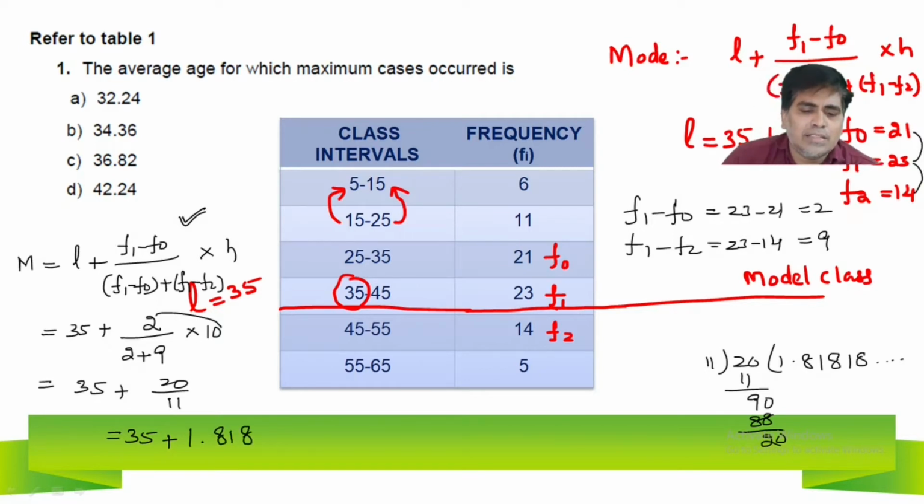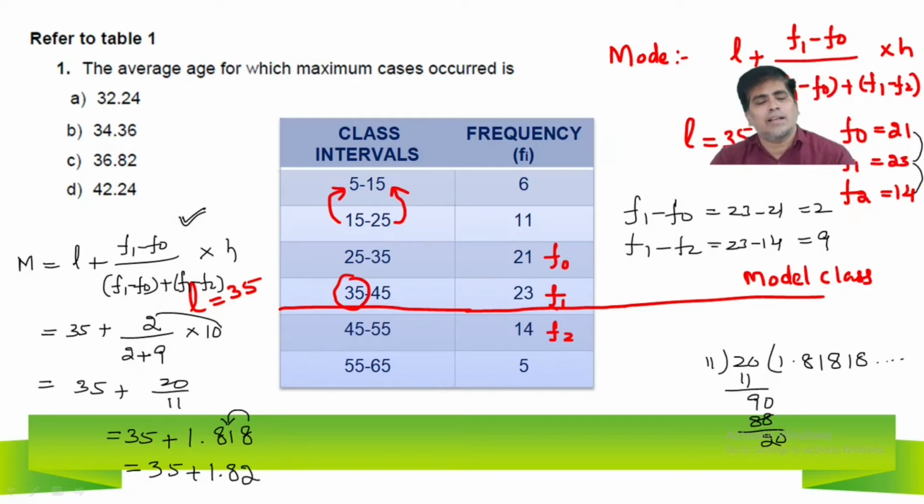And I will correct the second decimal. So how to correct it? 35 plus 1.818, we can write it as 1.82. So I have corrected the second decimal because the third decimal is more than 5, so we have to add 1 to that.